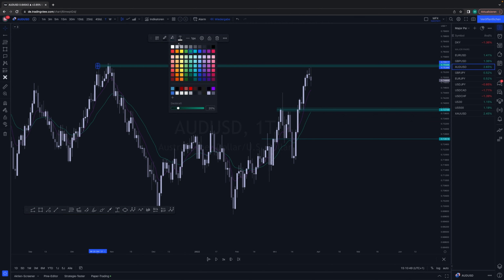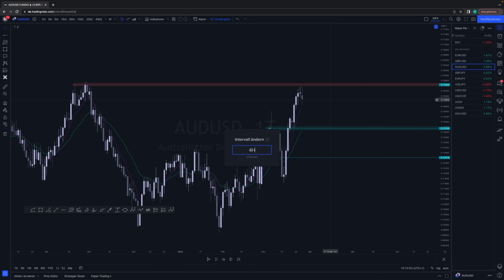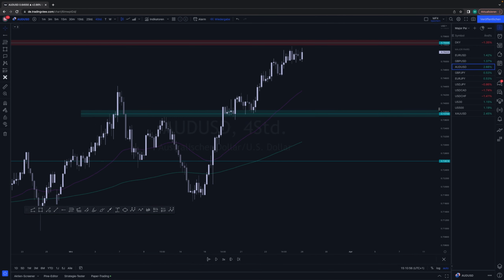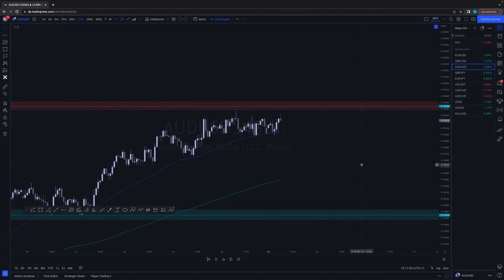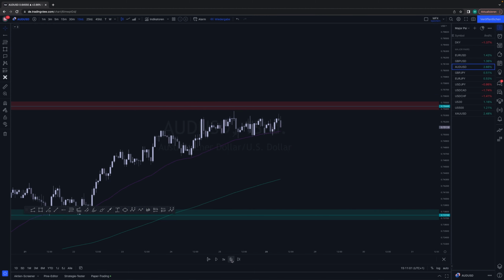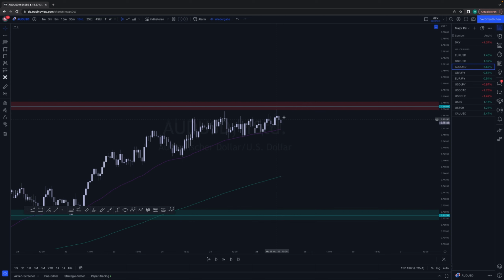We test it, and what happens? We get a rejection. When I go to the lower time frame, such as the 1-hour time frame, we can now look for short opportunities right here. As we push into this zone, we get a rejection candle from it.